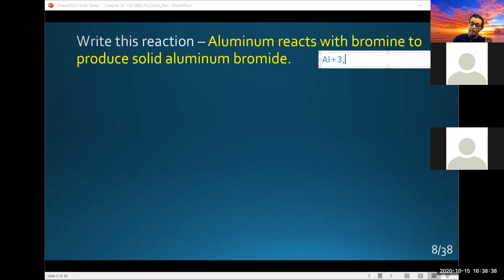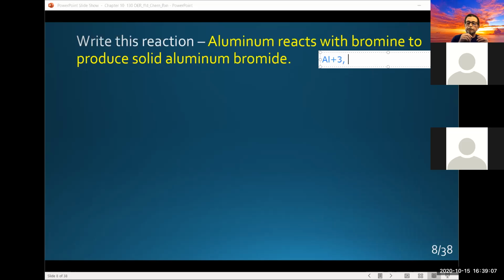Aluminum is a metal, and remember, all metals lose electrons. Whatever number of valence electrons that metal has, it's going to lose them. We find aluminum in group 3. There are 3 valence electrons, so it's going to lose those 3 electrons because it's a metal, giving me a +3 charge.